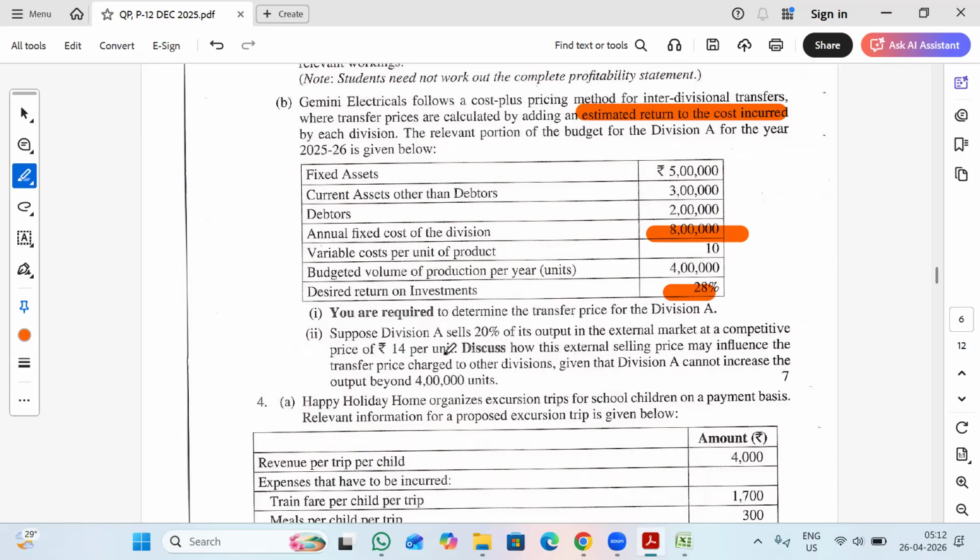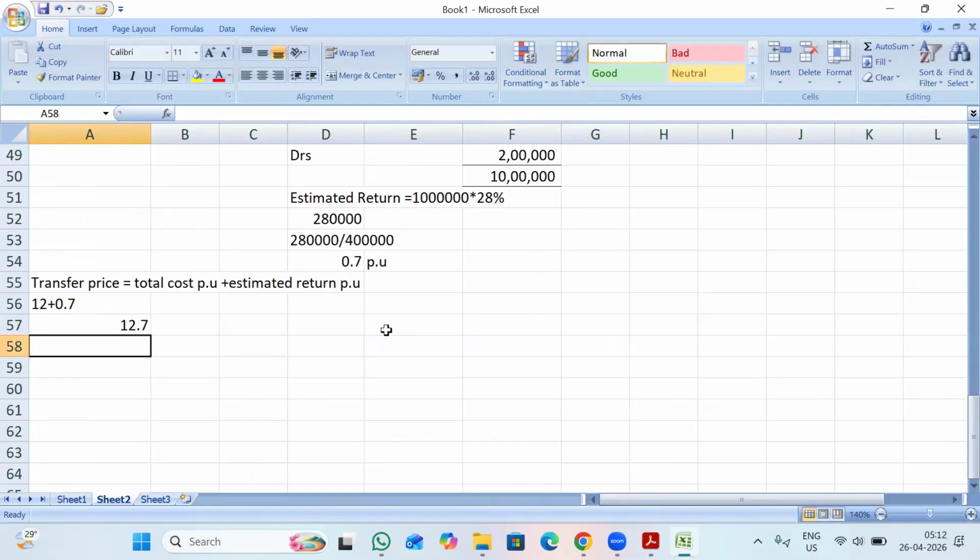So now I'm calculating how much I'm getting because of this external sales. So external sales is 20% of output. My output is 4 lakh, right?